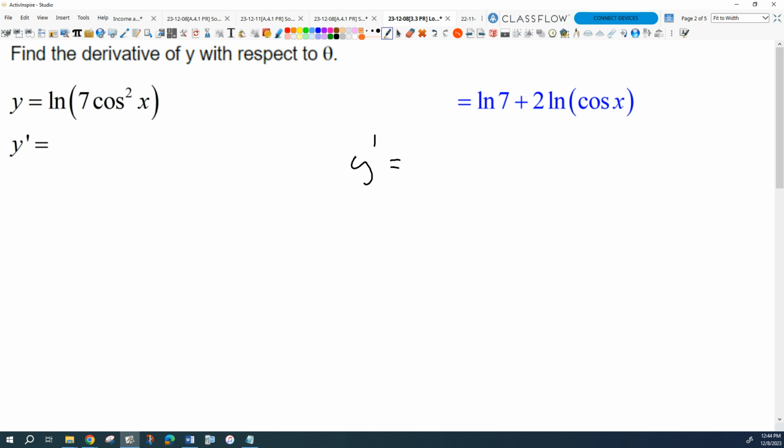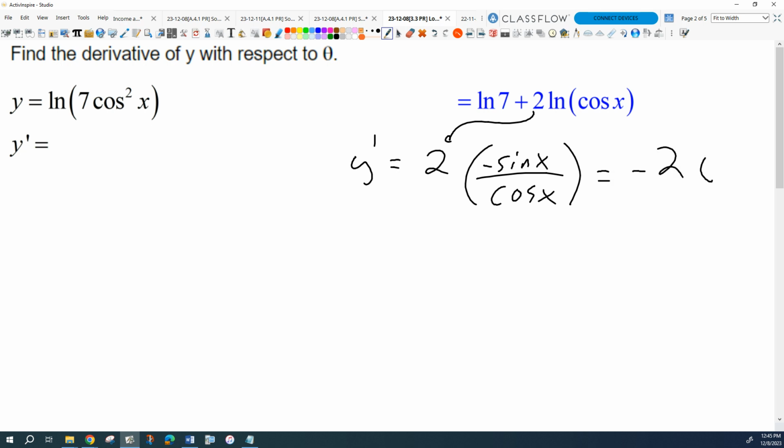What's the derivative of log cosine? So we get our 2, times negative sine x over cosine x. Right, so we get negative 2 tangent x. Okay, give me thumbs. How we doing? Is that all good?